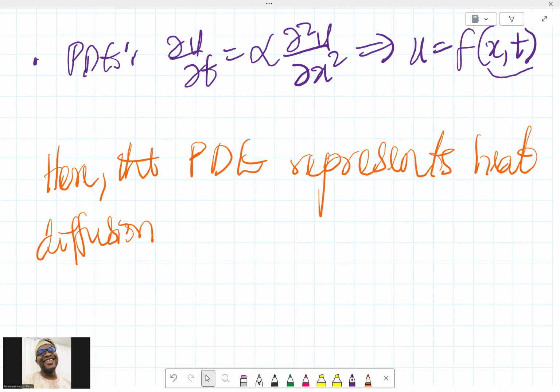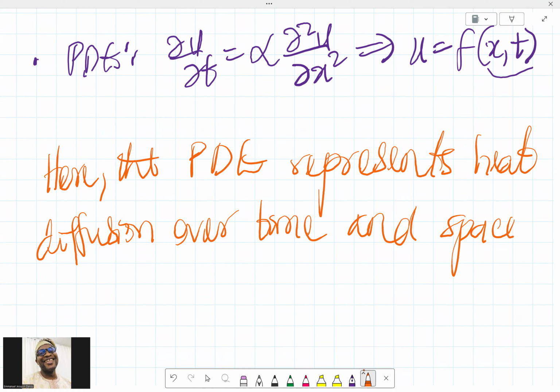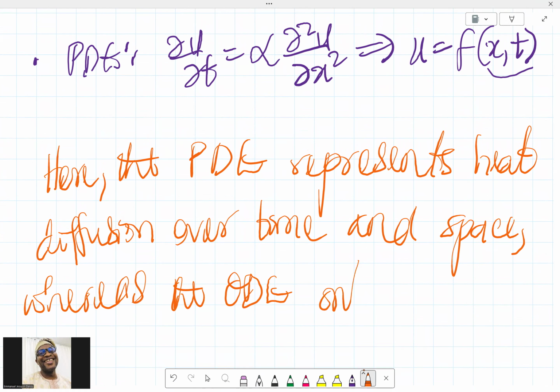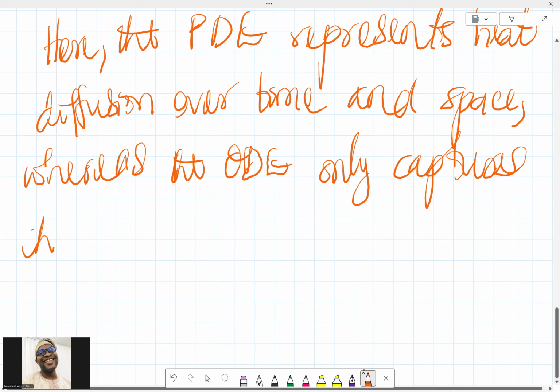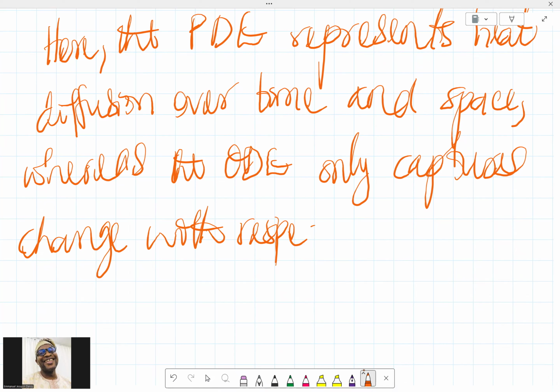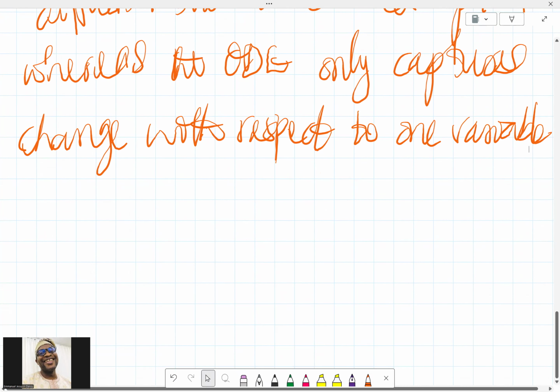So here, the PDE represents heat diffusion over time and space, whereas the ODE only captures change with respect to one variable. So that's the deal with ODE and PDE.